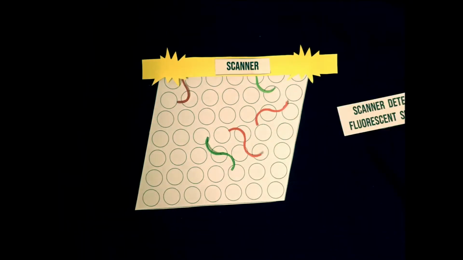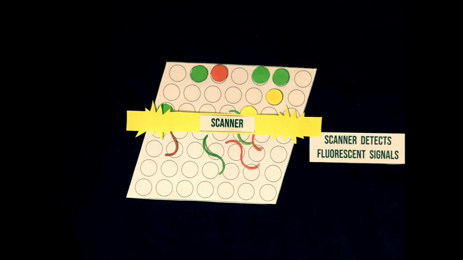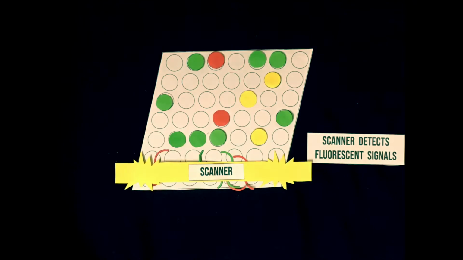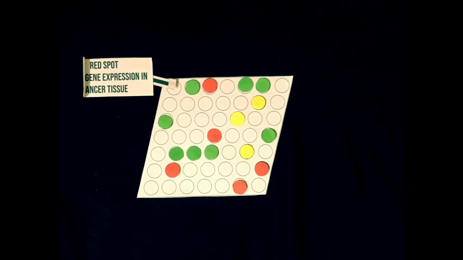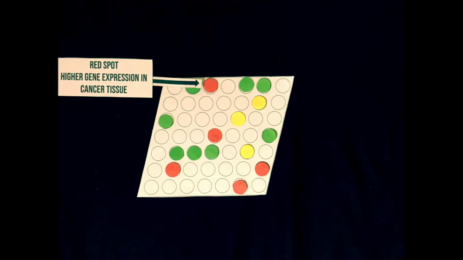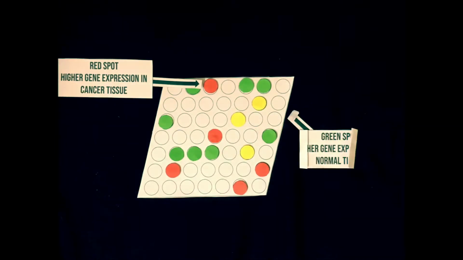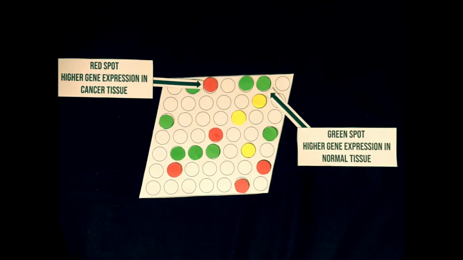A scanner detects the patterns of hybridization by sensing the fluorescent signals. In this example, the red spot indicates the expression of the gene is higher in the tumor tissue compared to the normal tissue. In contrast, the green spot indicates the expression of the gene is higher in normal tissue than in tumor tissue.